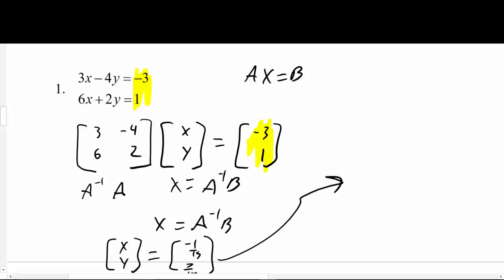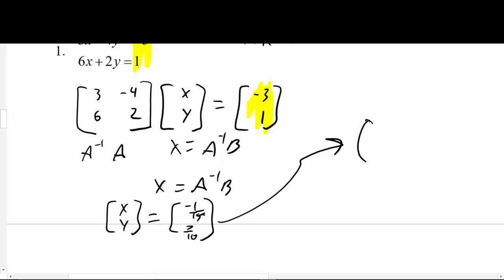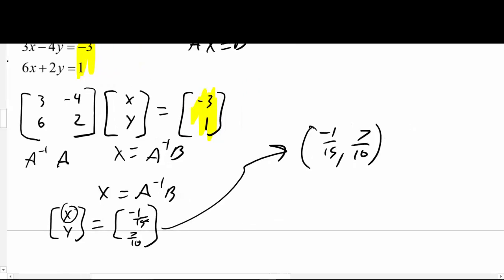We're still finding an intersection of lines. We can't leave it like this in the matrix, that would be inappropriate. But we know it's an ordered pair, something existing on the graph. The x value is -1/15, and the y value is 7/10. There's our ordered pair.